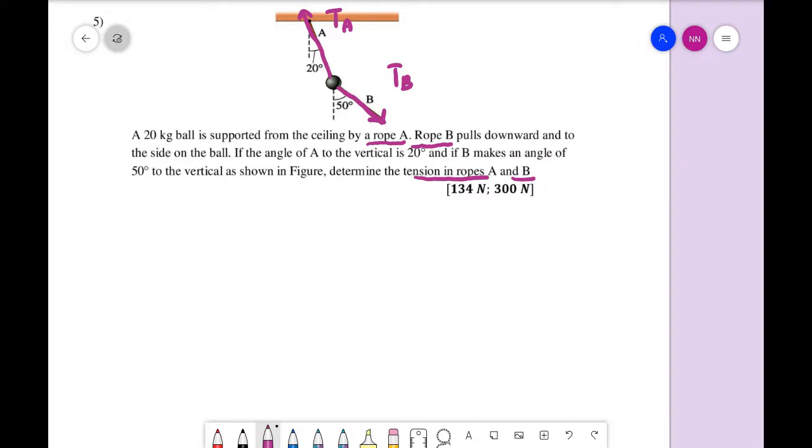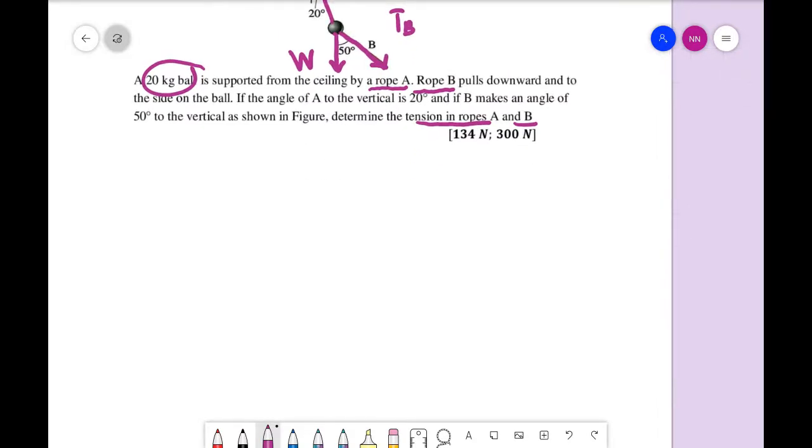So how many objects in this question? Only one, the 20 kilogram ball. So we have only one free body diagram. The 20 kilogram ball will have weight, of course, vertically downward.